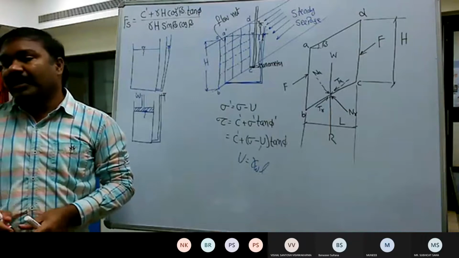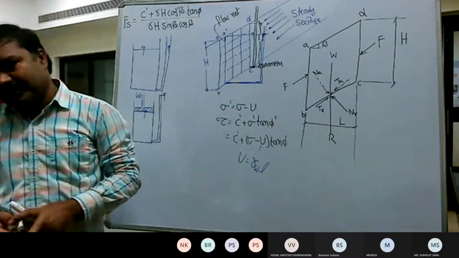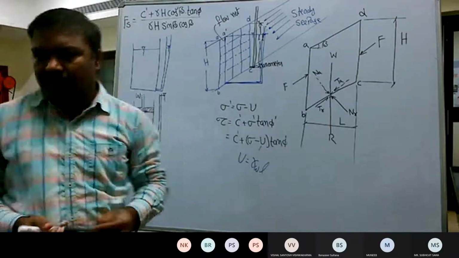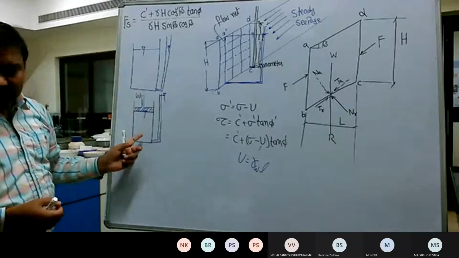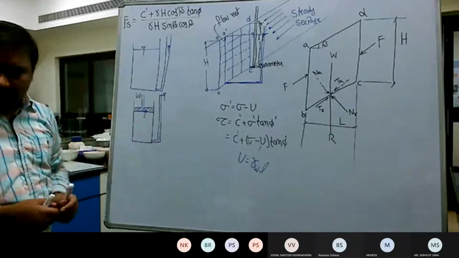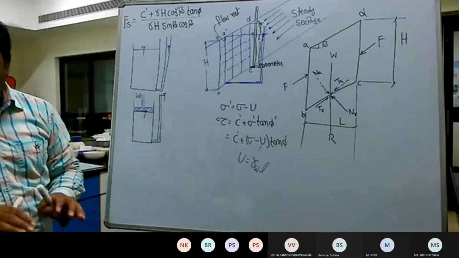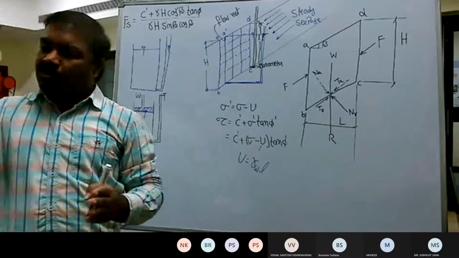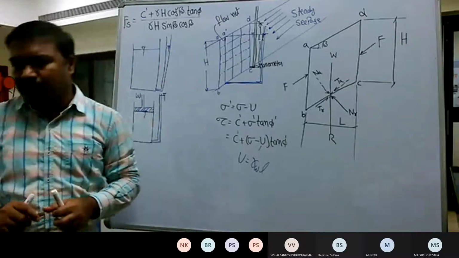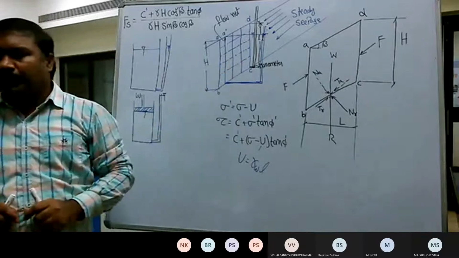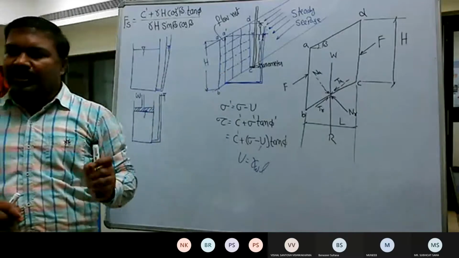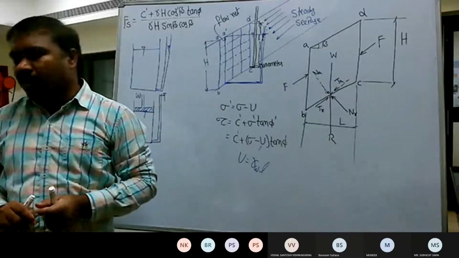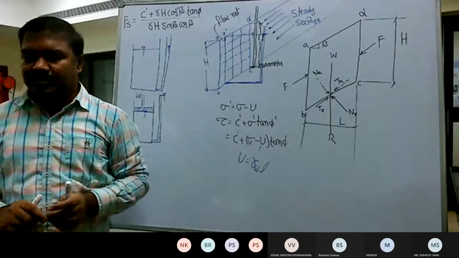For example, if we take the open channel flow, that's what I demonstrated here. So these are something like open channel flows. In open channel flow, depending upon the velocity, the water level rises. More velocity, more rise. That is true. But within the soil, we are assuming the flow is under laminar flow condition. It's not under turbulent condition.